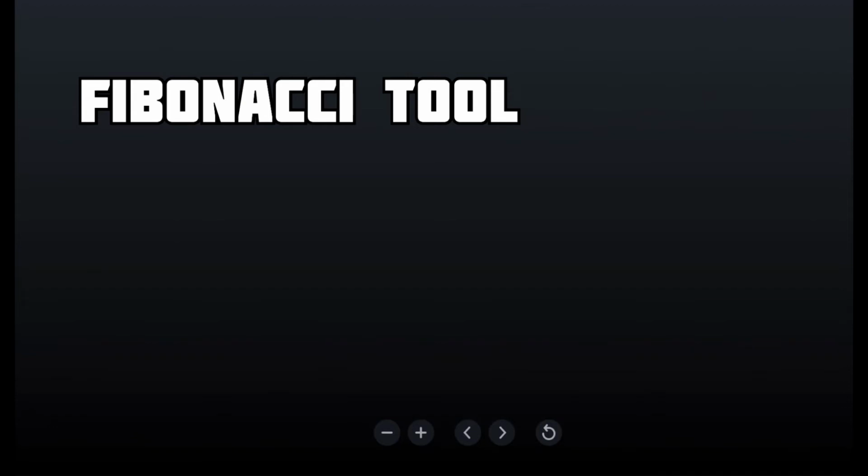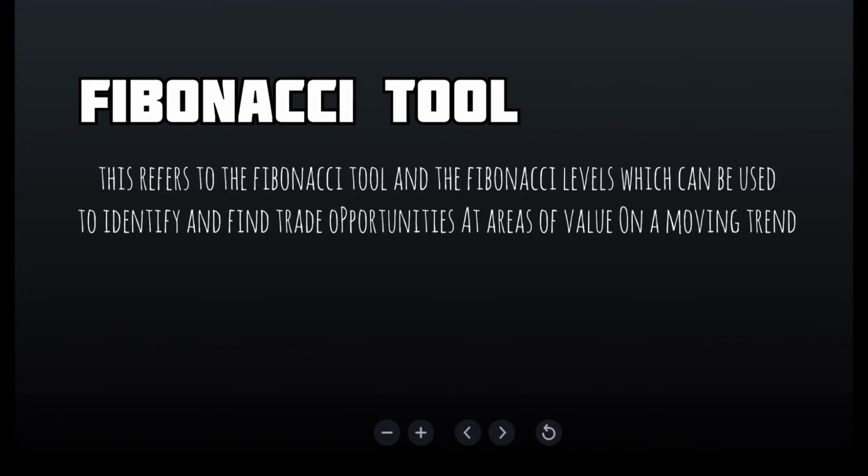In order to understand how to use the Fibonacci tool, we need to understand first what this Fibonacci is and para saan ba siya ginagamit. Now, when we say Fibonacci, this refers to the Fibonacci tool itself and the Fibonacci levels, which can be used to identify and find trade opportunities at areas of value on a moving trend.